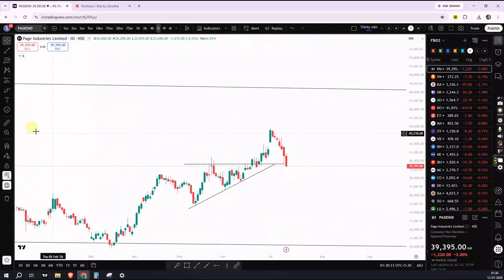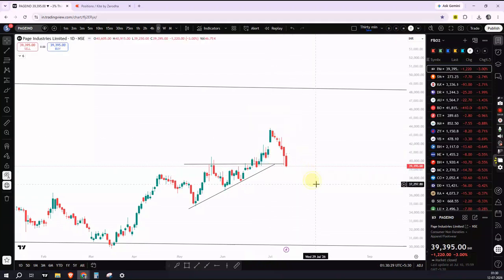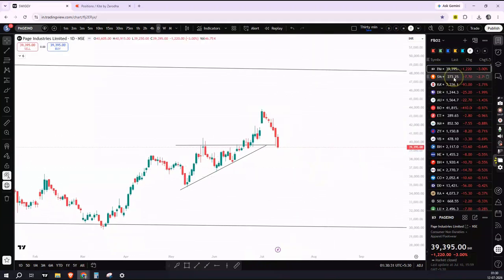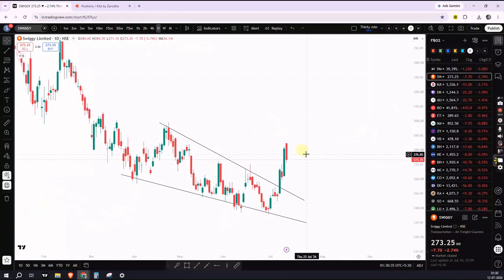Once there's a breakout, I simply take a trade according to the setup, and then I hold it. If you see this particular stock, it gave about 9% in 8 days, and after that it took a reversal. So this is how I add stocks into my watch list.